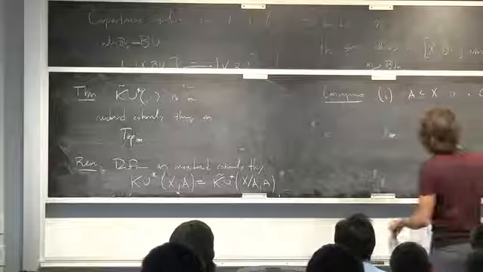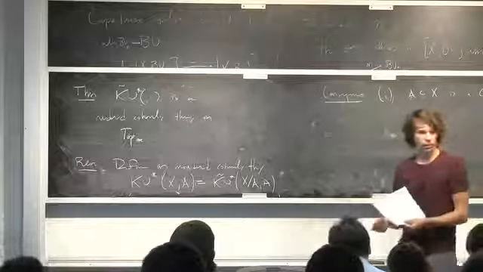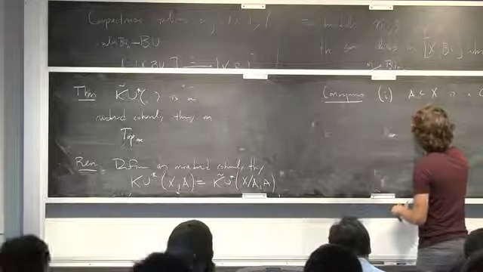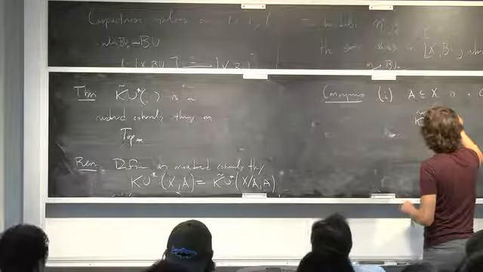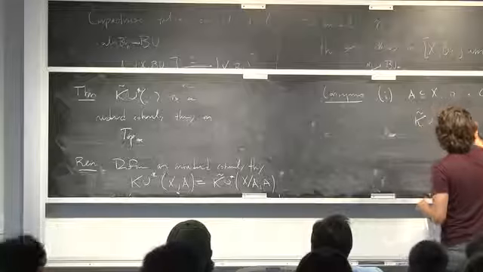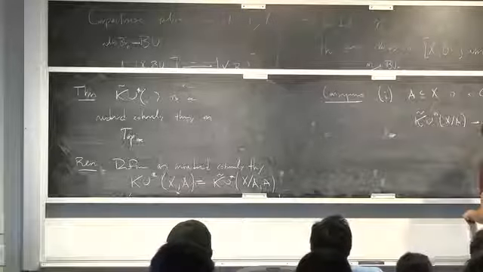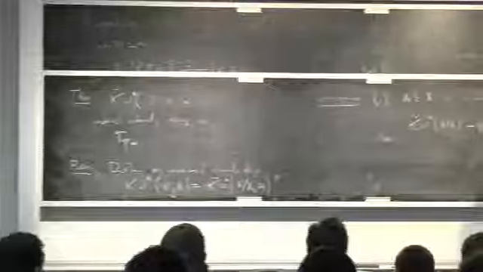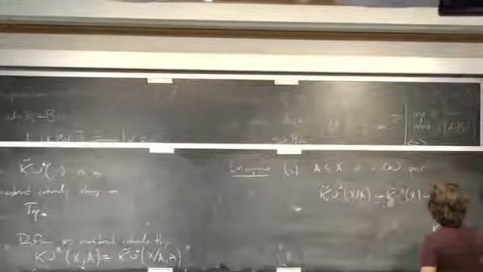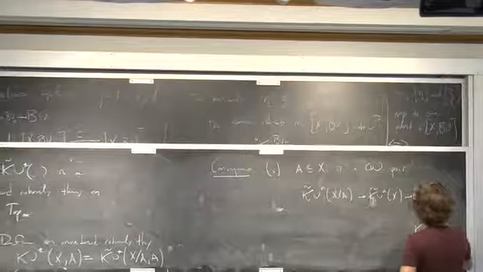Okay, good. Then I get a long exact sequence in reduced K groups: KU N of X mod A to KU N of X to KU N of A. I'm going to go around the corner, KU N plus 1 of X mod A.